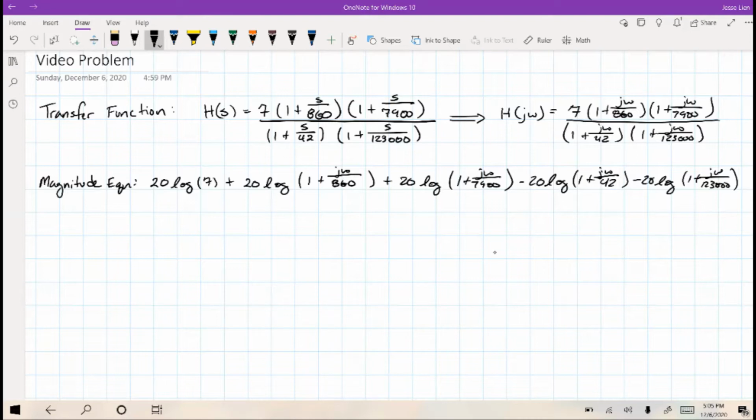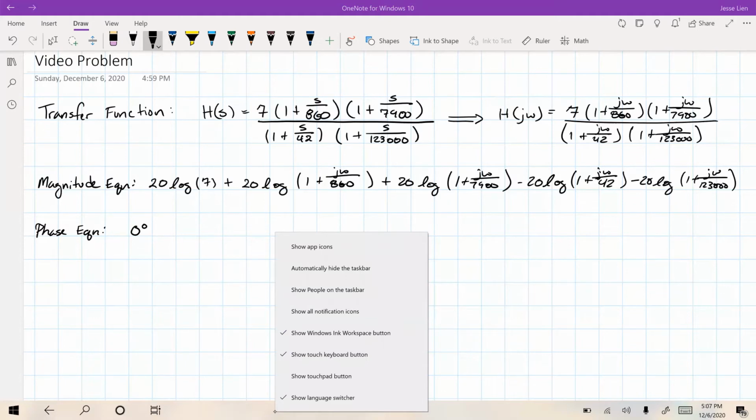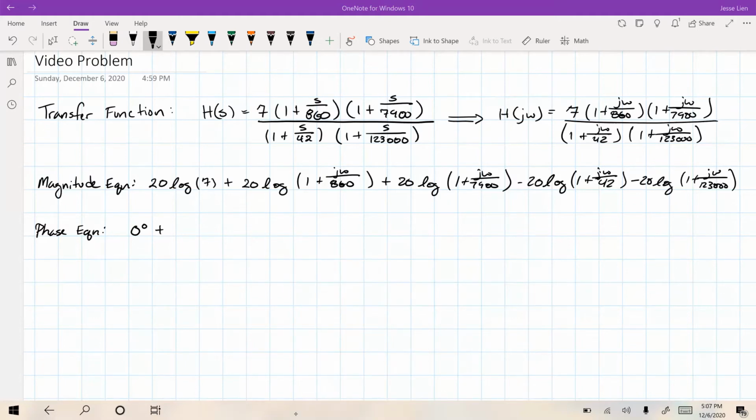The terms, instead of being 1 plus j omega, will be the j omega portions of the terms by themselves. 7 will become a 0 in the phase equation. And then you add the inverse tangent of j omega over 860. Then you add the inverse tangent of j omega over 7900.